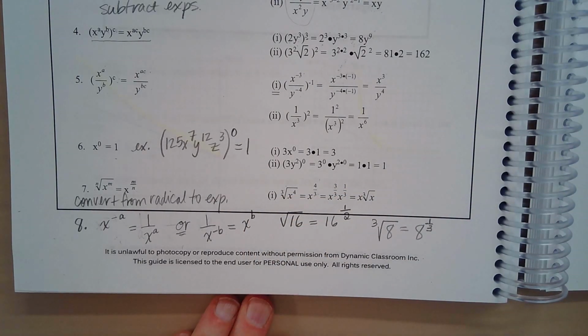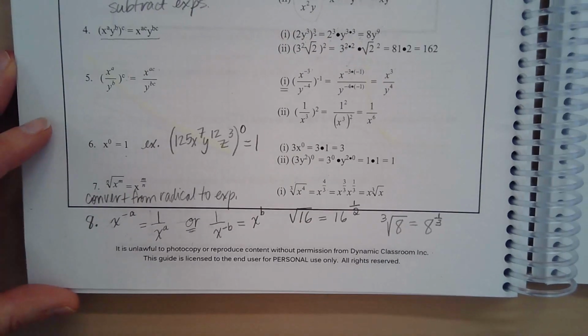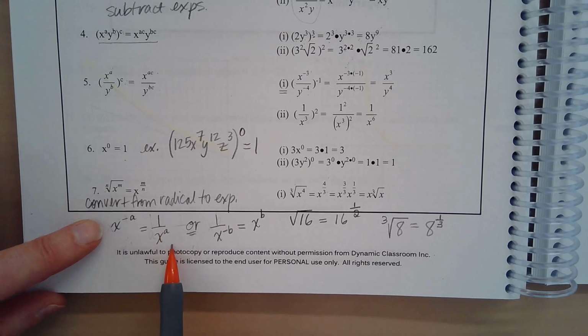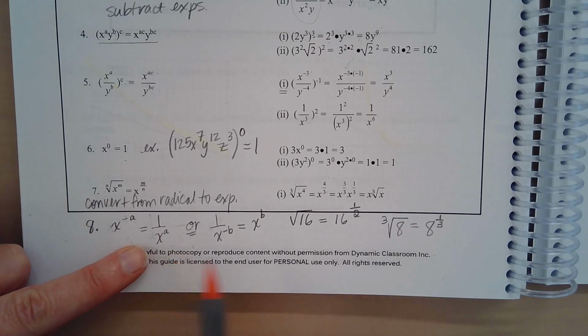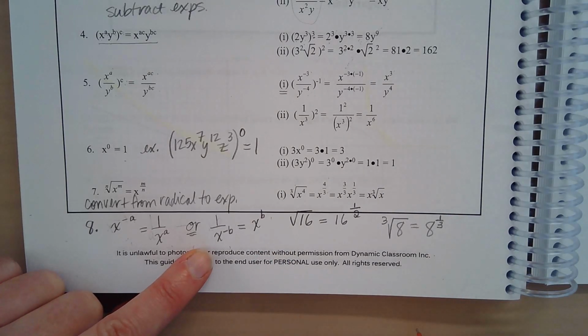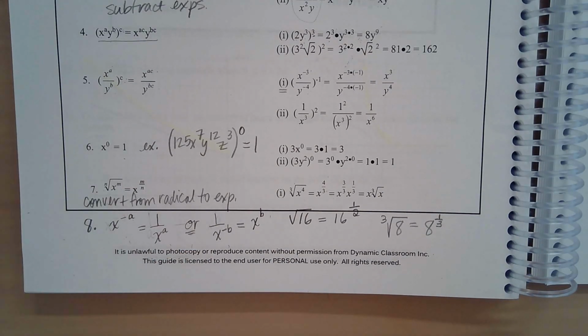So one of the quick ways to explain it is, if you have a negative in the numerator, just move it to the denominator to become positive. If your negative exponent's in the denominator, move it up to the numerator for it to become positive. That's about it. That's how we handle it.